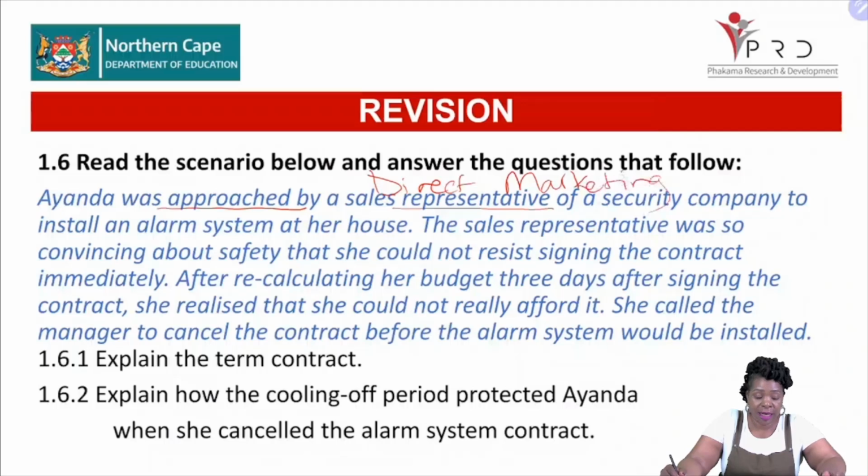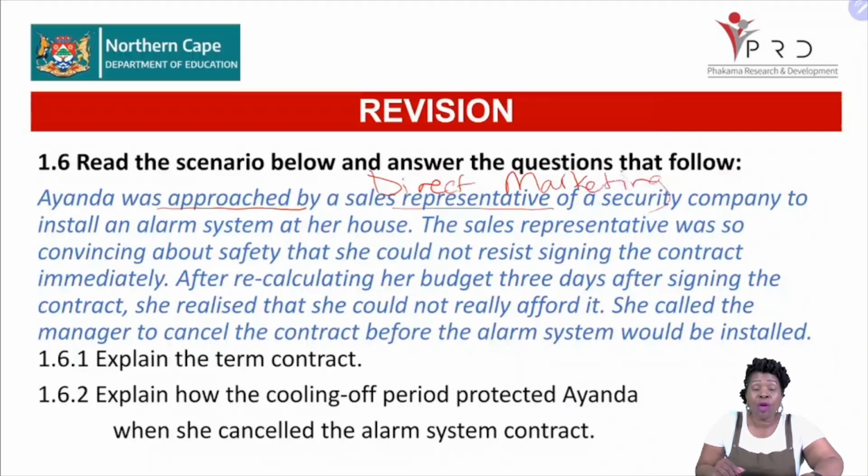So our question 1.6.1 says, explain the term contract. And 1.6.2 says, explain how the cooling off period protected Ayanda when she cancelled the alarm system contract.